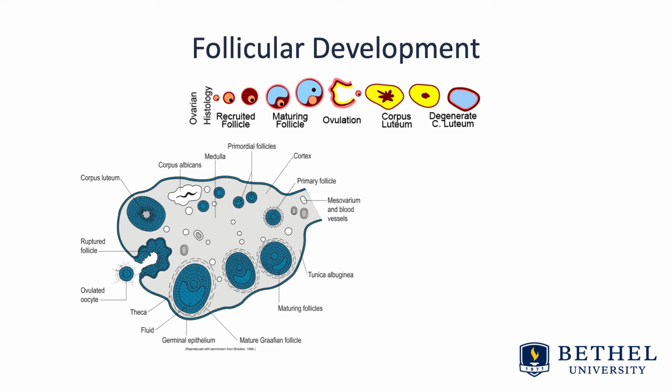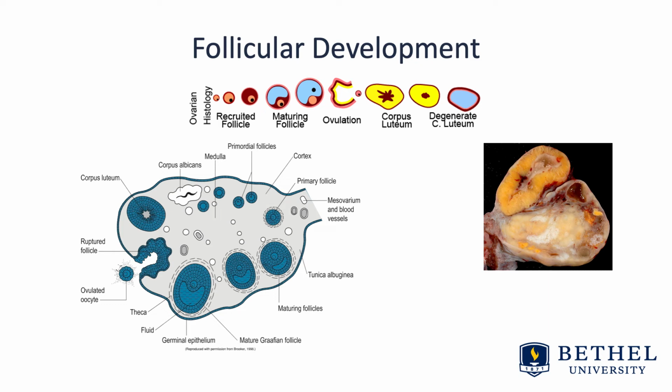And then as our corpus luteum degenerates, that corpus luteum becomes a corpus albicans. And corpus luteum just means yellow body, and corpus albicans means white body. And in this upper right picture, you can actually see a very large corpus luteum. It's about a third the size of this ovary. So that whole picture is an ovary, and that upper third is yellow.